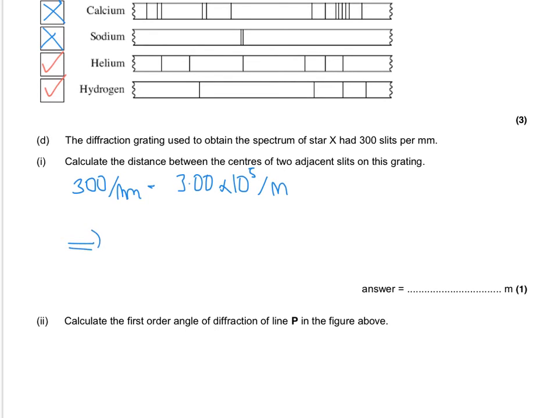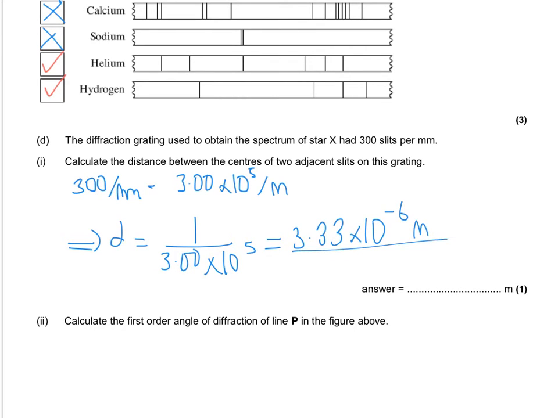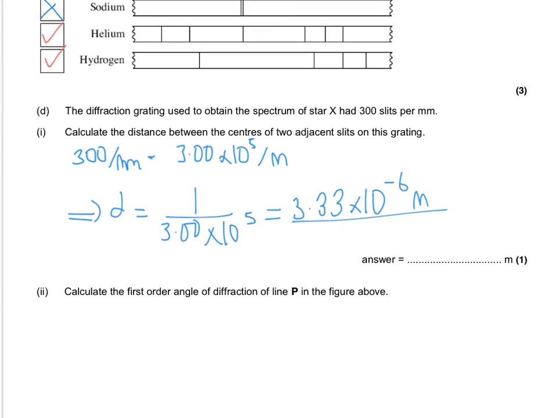Then if we want to calculate the distance between them, it would be 1 over that, so 1 over 3 times 10 to the 5. We can type that into the calculator and you end up with 3.33 times 10 to the minus 6 metres, giving your answer to 3 significant figures, because the number you've been given in the question is 3 significant figures too.